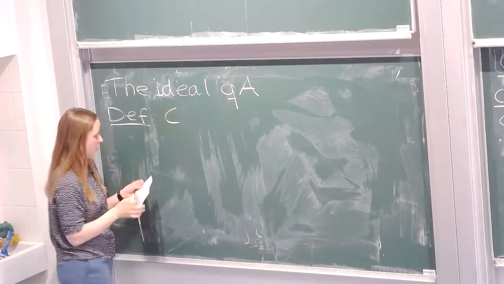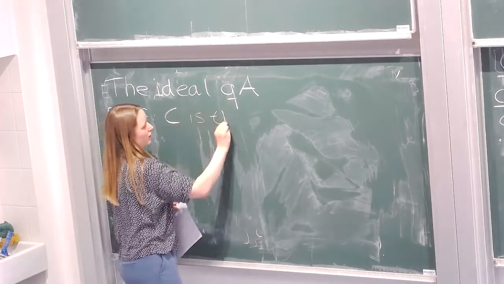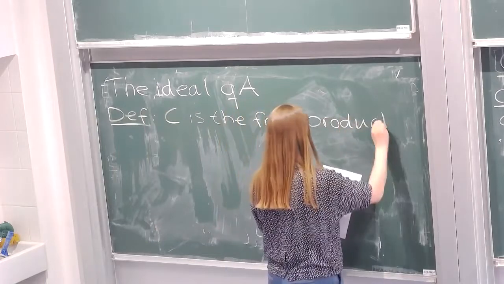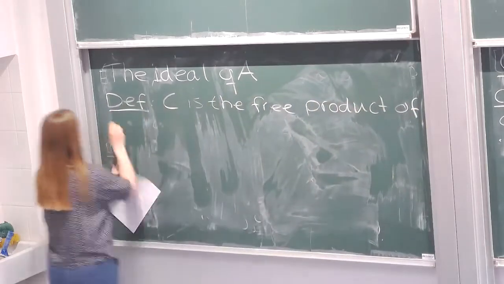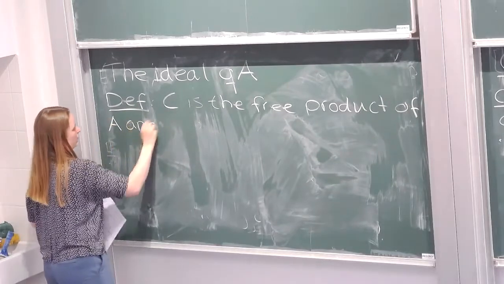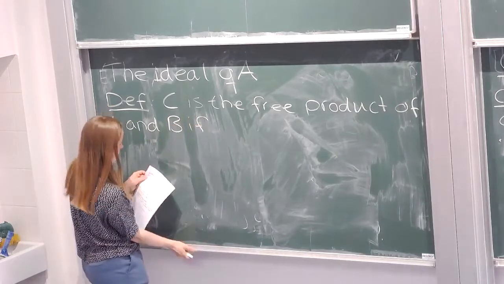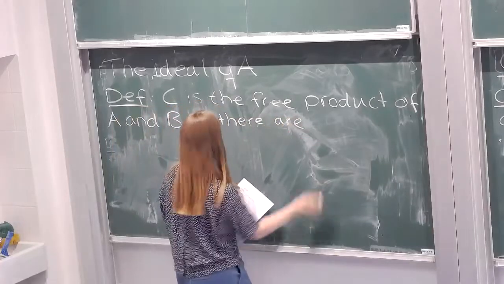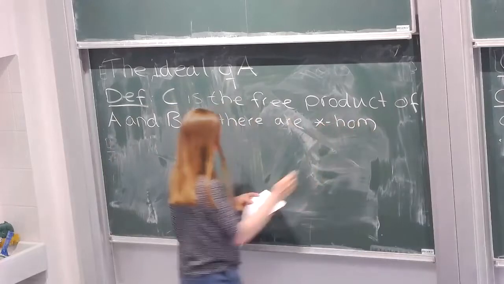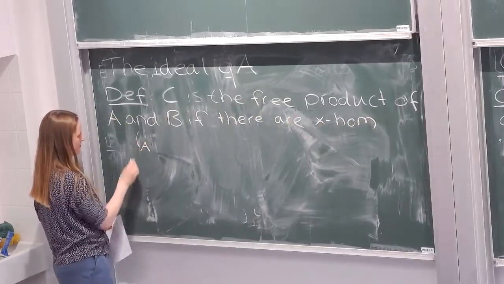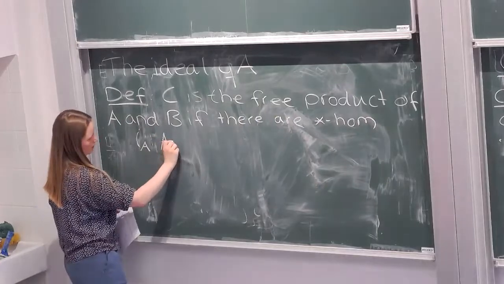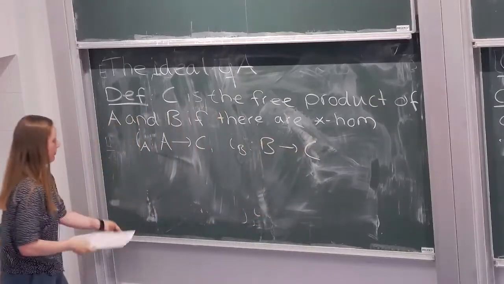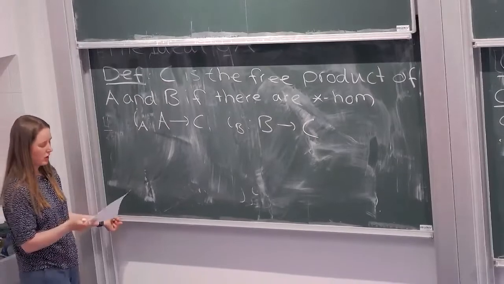A C*-algebra C is the free product of C*-algebras A and B if there are some star homomorphisms, one from A to C and another one from B to C, which satisfy a universal property.